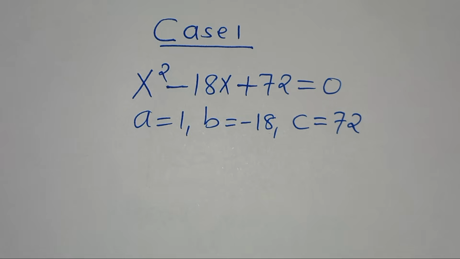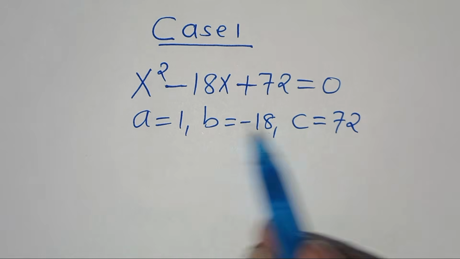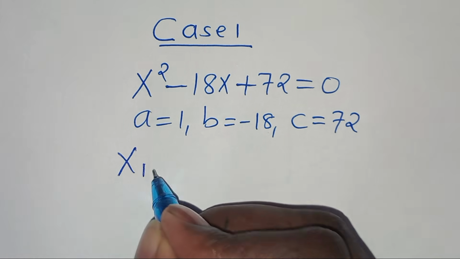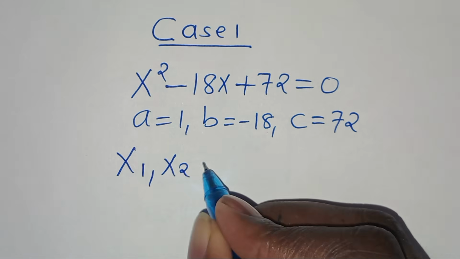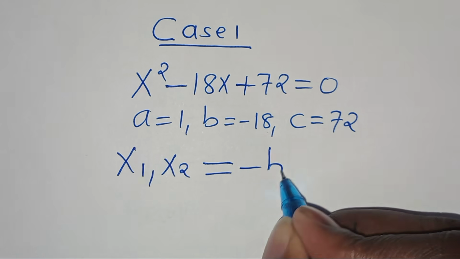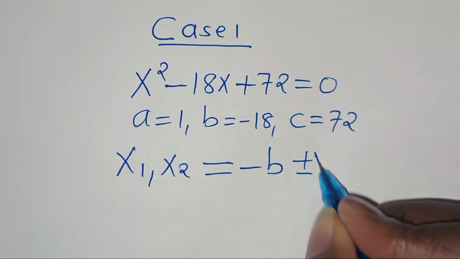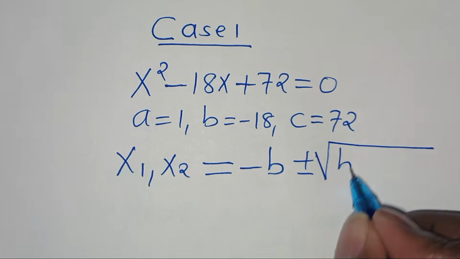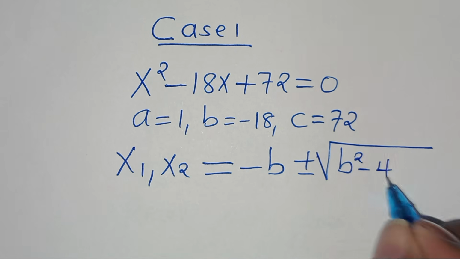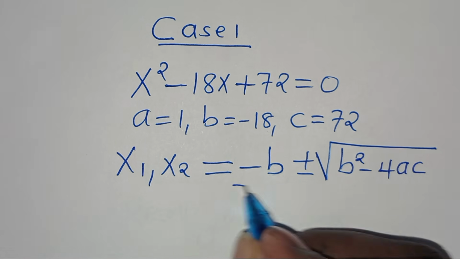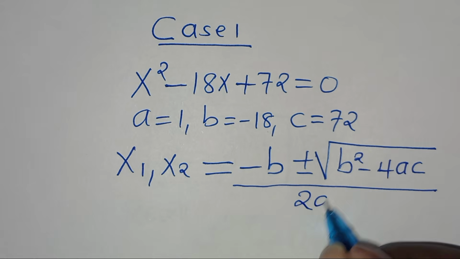Now, in case 1 here, we can solve for the values of x1, x2 by applying the quadratic formula, which is minus b plus or minus the square root of b squared subtract 4ac, everything here divided by 2 times a.